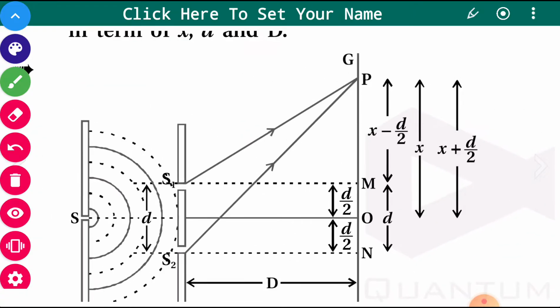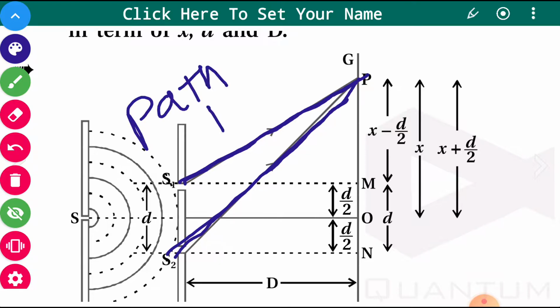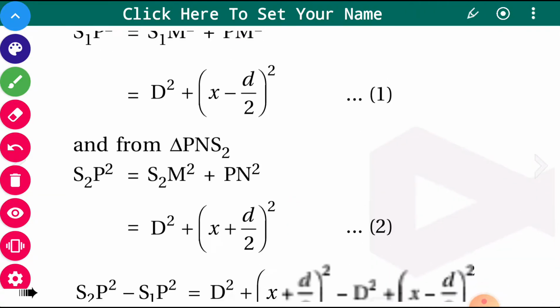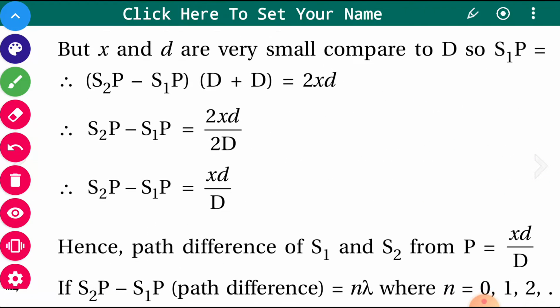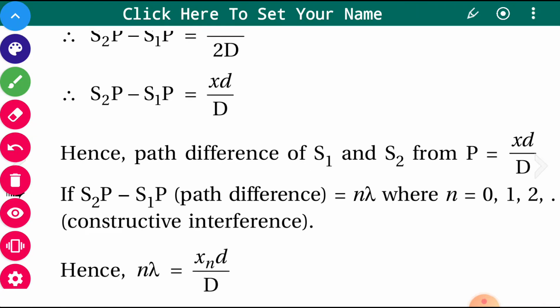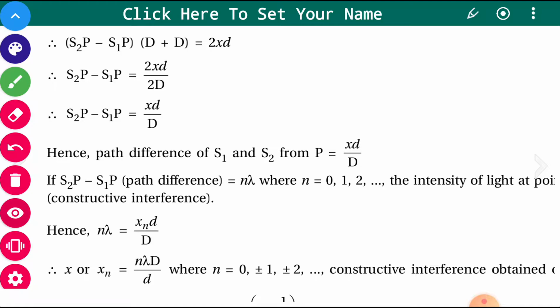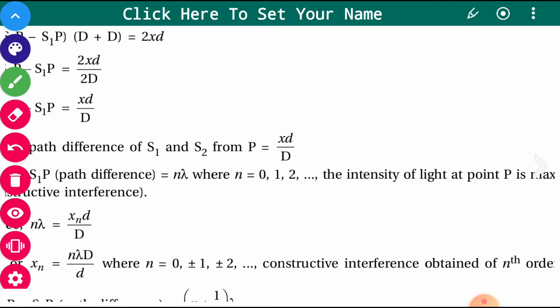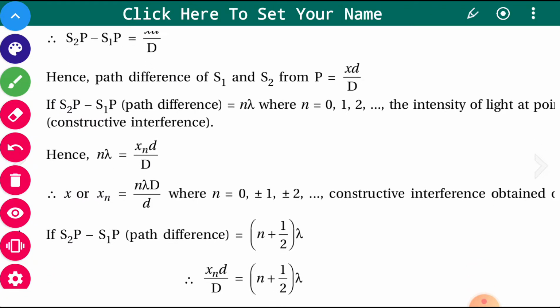Try to understand. Here you can see the path difference from the figure. S1p is the small path and S2p is the larger path. So S2p minus S1p will give you the path difference, and that path difference is found to be xd by capital D. If this path difference, xd by D, is n lambda, where n is 0, 1, 2, then the intensity of light at this point P will be maximum, producing constructive interference.